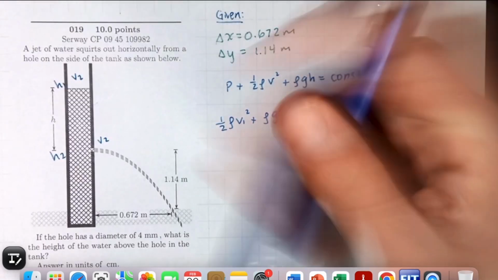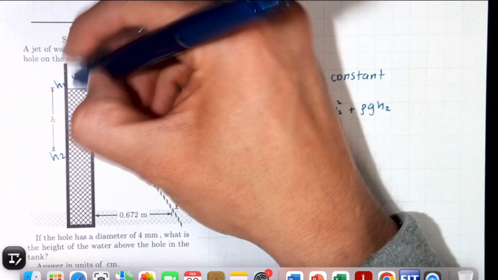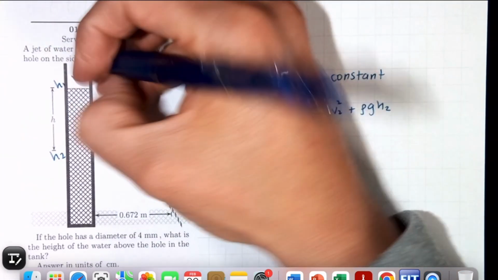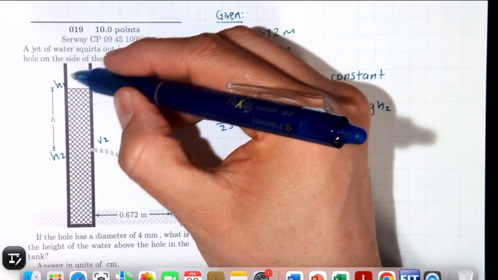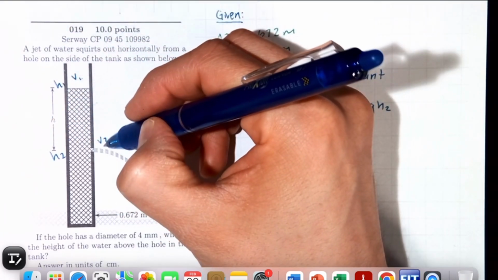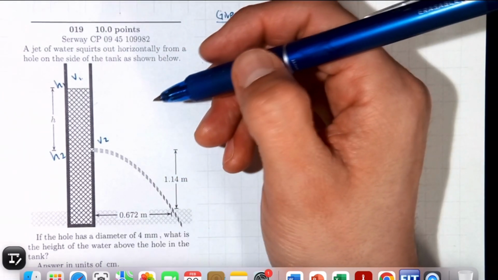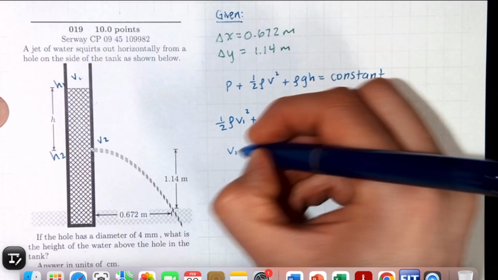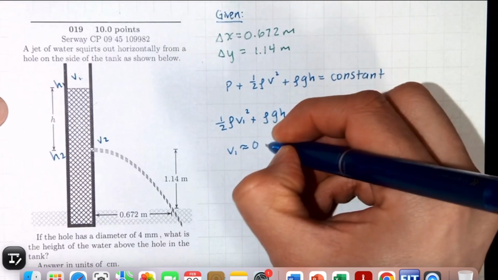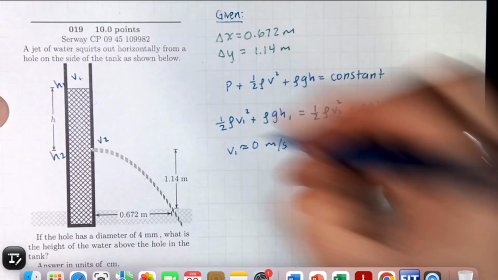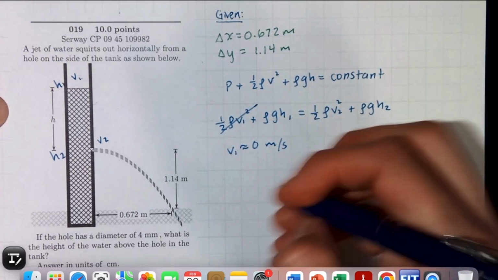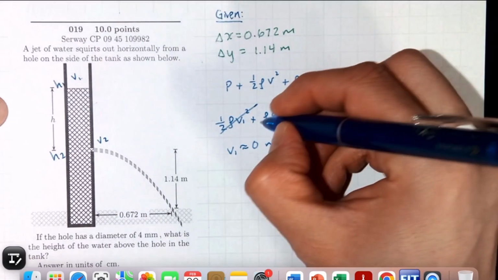Also, oh wait, I made a mistake. This is supposed to be 1. Also, if you compare this velocity of the fluid here with this velocity of the fluid here, over here it is essentially 0. So we can say that velocity 1 is approximately 0. Therefore, this goes away, and also density goes away.